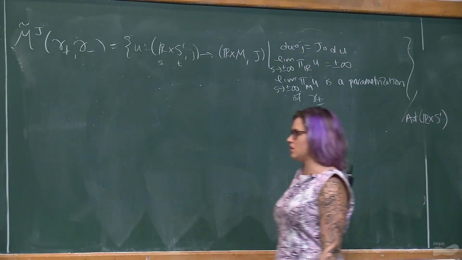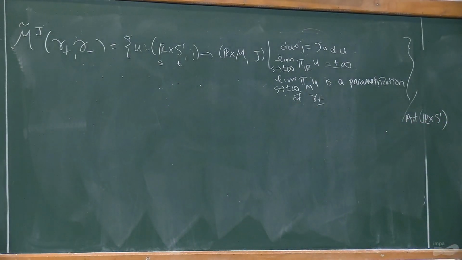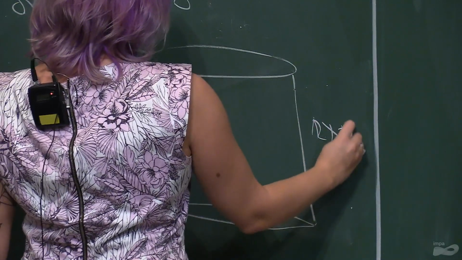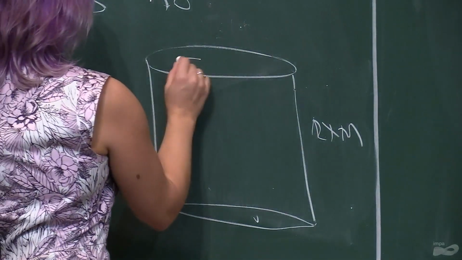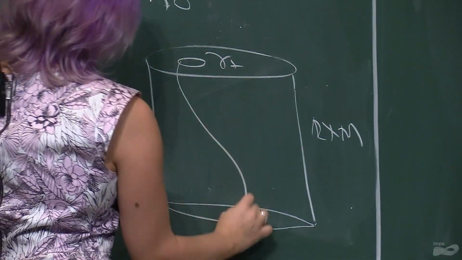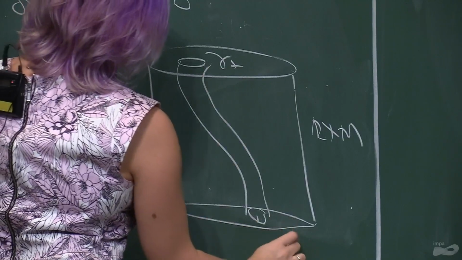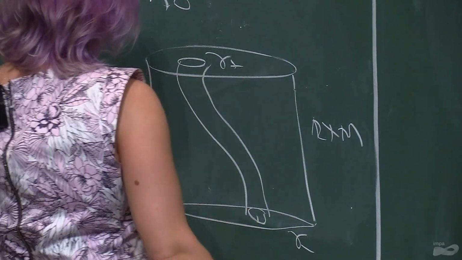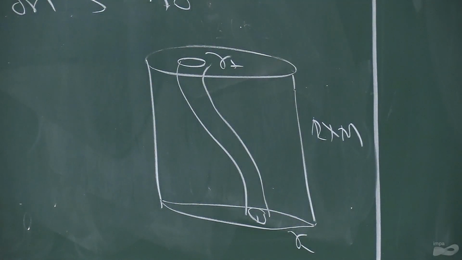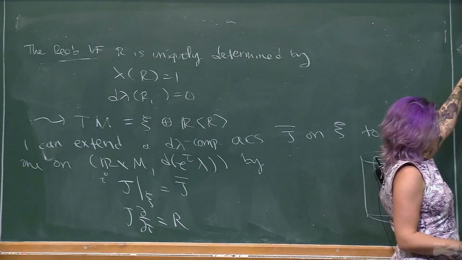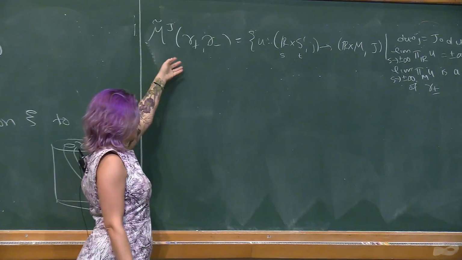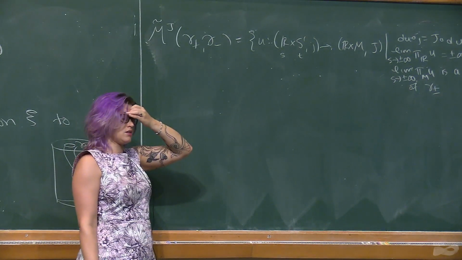The picture that you draw is you pretend that your contact manifold is a boring circle, and this is R cross M. And then your J-holomorphic curve limits on gamma plus at plus infinity and gamma minus at negative infinity. That's the schematic picture. And Hofer, Wysocki, and Zehnder started studying these types of moduli spaces.